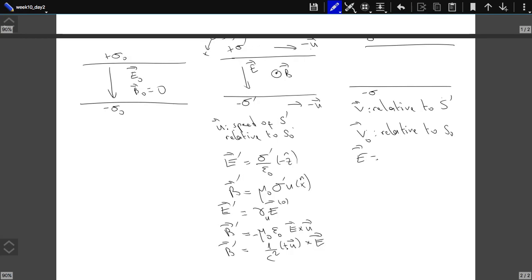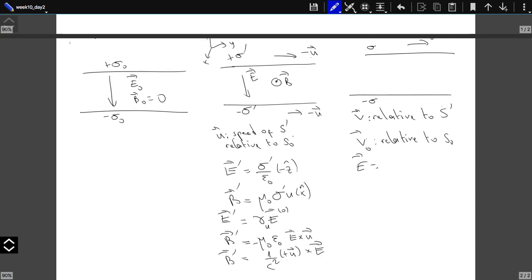So I have one reference frame in which the plates are at rest. And then I go to a reference frame which is moving with a velocity u, but that velocity is towards your left. So in this S prime reference frame, the plates are moving in that direction, with a velocity minus u. So let's see if I did everything correctly.